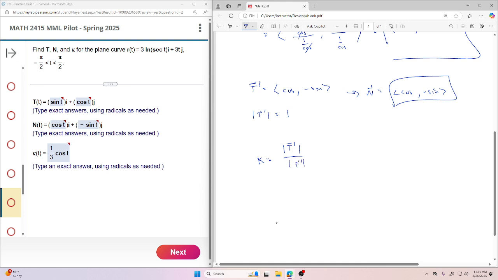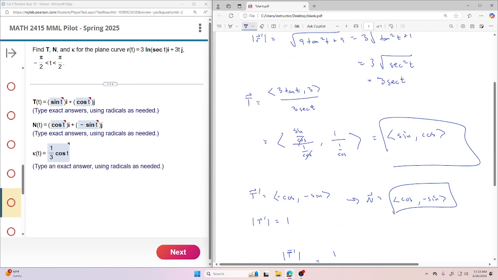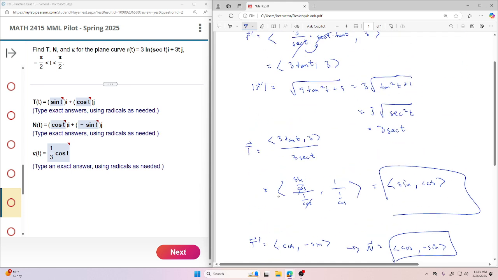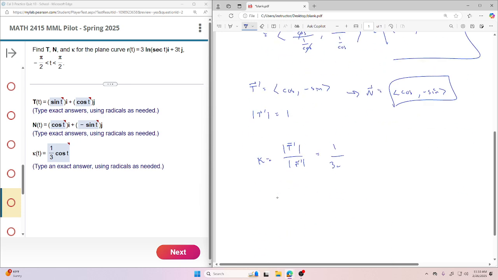Good call, because that's a 1. And this guy here was 3 secant. And so because that's in the denominator, we can pop it up as a cosine in the numerator, but the 3 gets left behind because the 3 was still in the denominator.